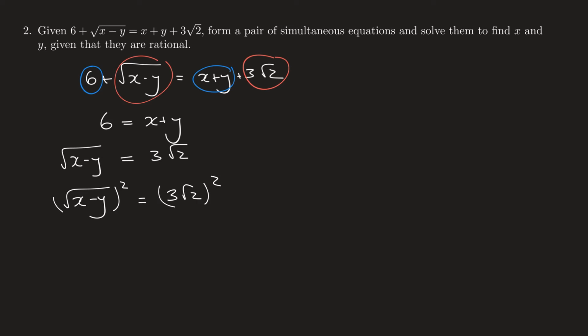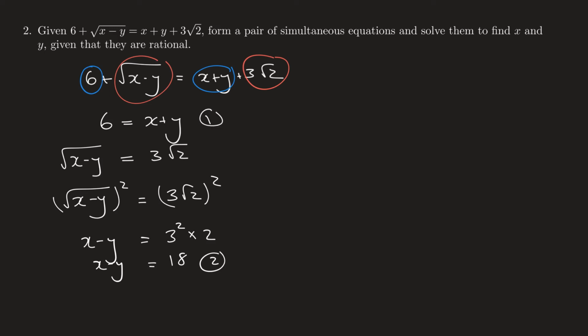On the left side, the square root and the square cancel, so we've got x minus y. And the right side, when you apply the square to it, you'll have 3 squared times 2, which is 9 times 2, which is 18. So this is our equation 2, and the equation which we first found is equation 1.